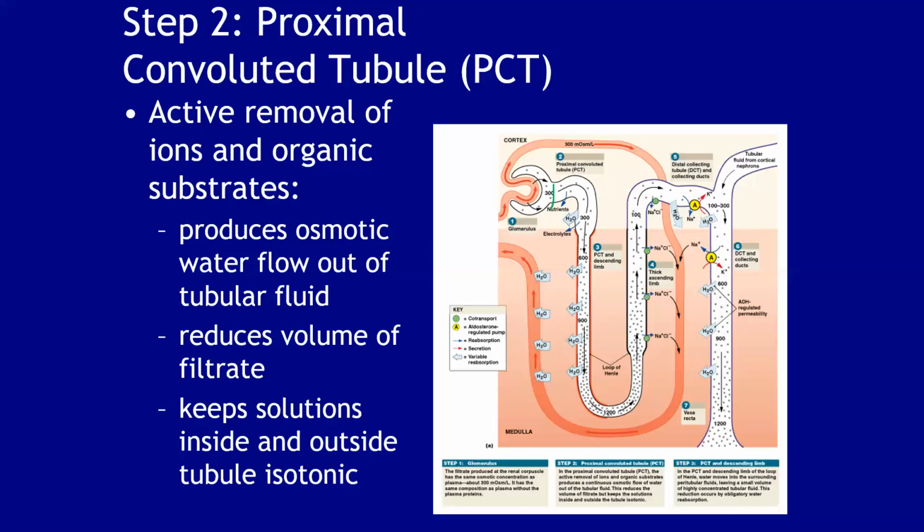So the number of dots represents the amount of solute in the solvent. It's the concentration of whatever is in the urine. Notice it stays 300.